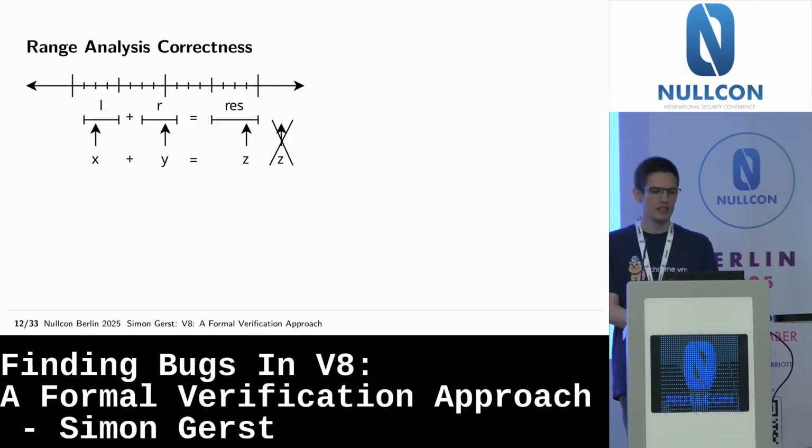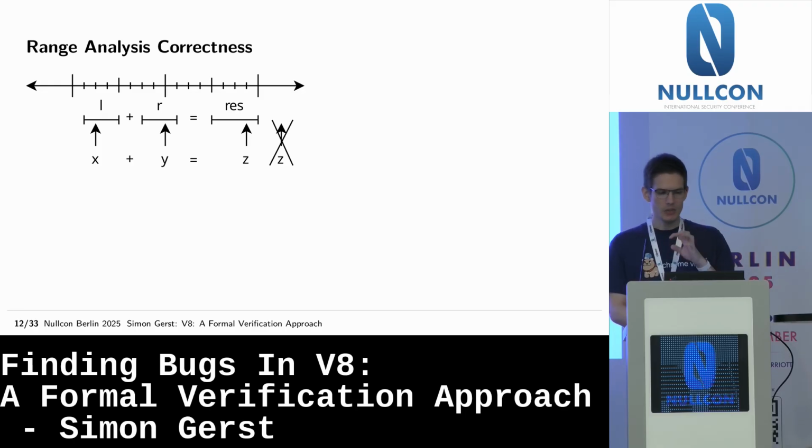The analysis is correct if, for any value x and any value y, the result c always has to be contained in the result range. It is not allowed that the result c is outside of the result range, because in that case, things will go bad.